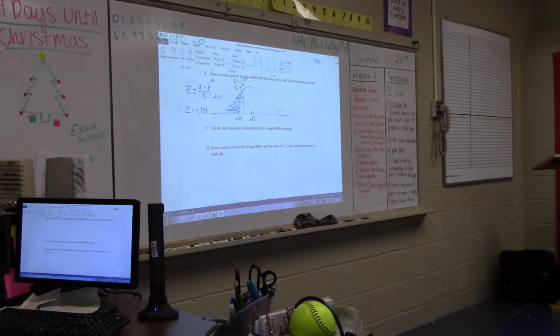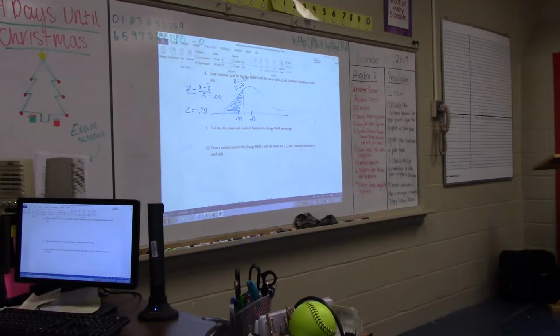All right, so let's go to second bars and go to normal CDF. So lower is, where's the edge of my shape? It's going this way, so the lower is negative.